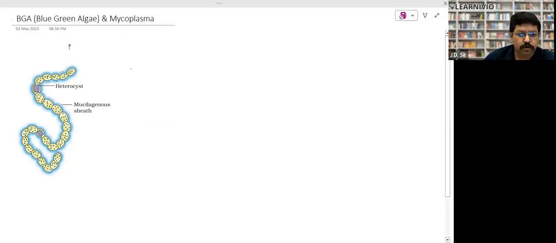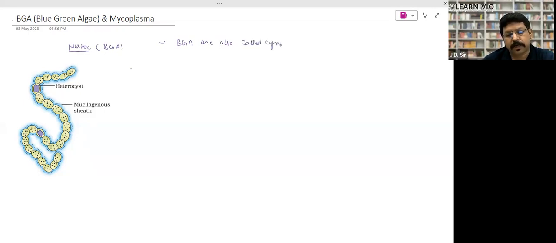This is Nostoc, a type of blue-green algae, BGA. The first important thing is that blue-green algae are also called cyanobacteria.